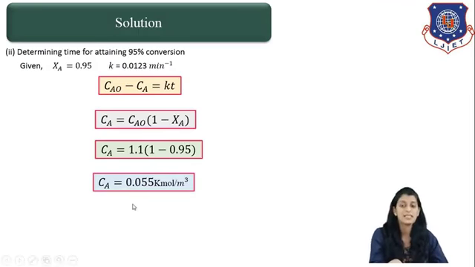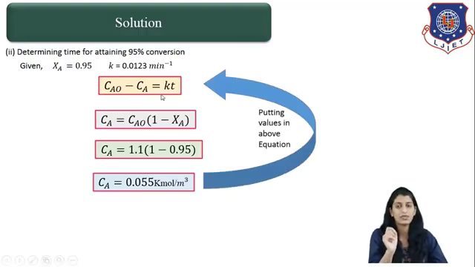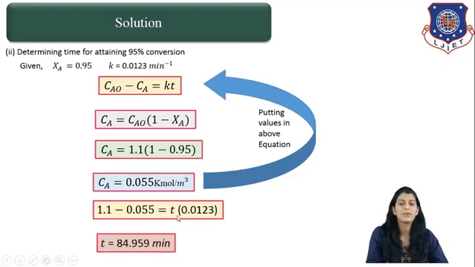This is our Ca value. Now substitute this value again in the given equation of zero order reaction. Substitute Ca0, Ca and K value. Now you can calculate the t value from the given equation. So t comes to be 84.959 minutes. Right? Now this is about case number 2.